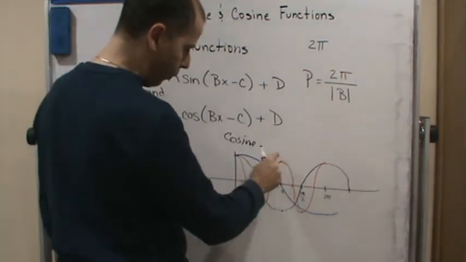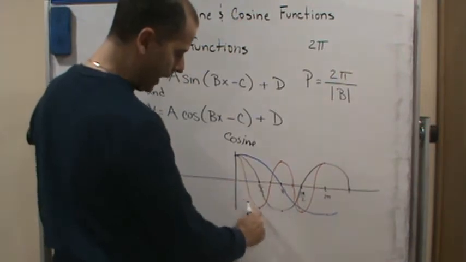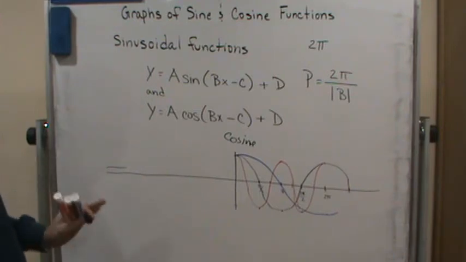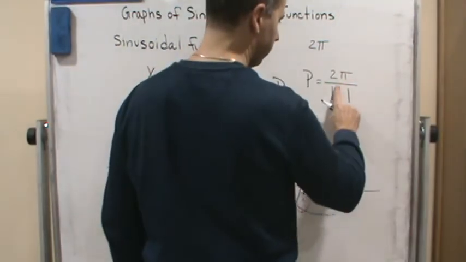So what's the horizontal shift to go from here to here? It's pi. So the red graph represents the case where B is 2.